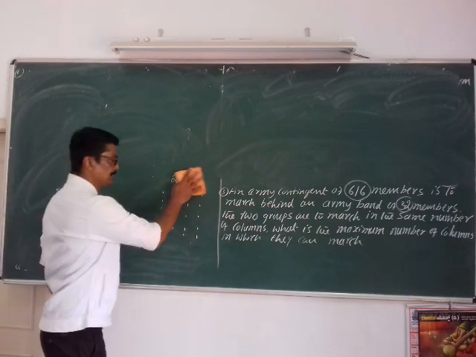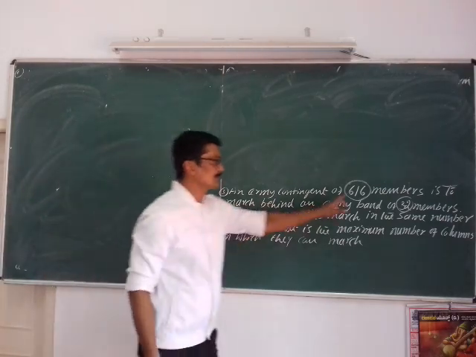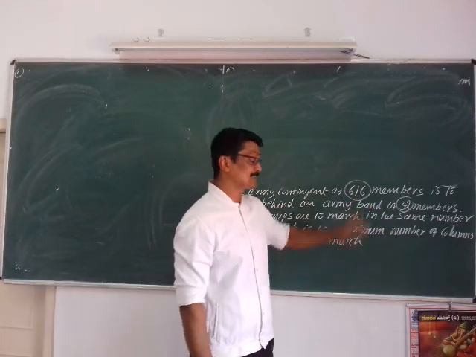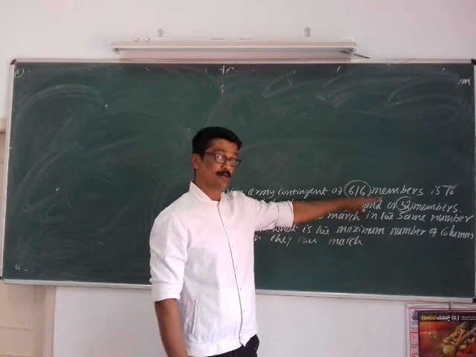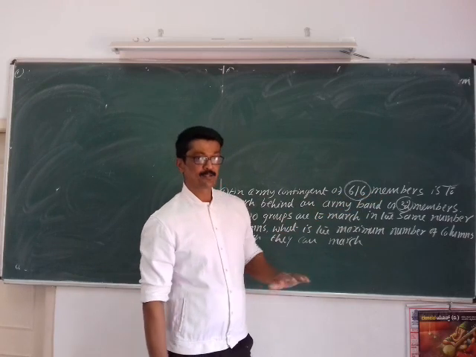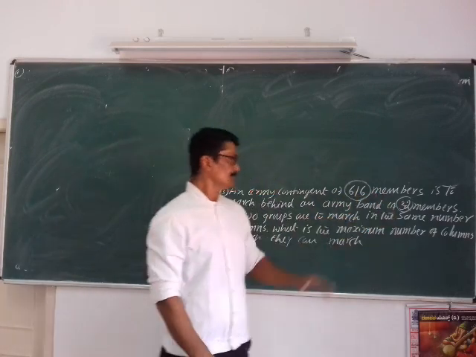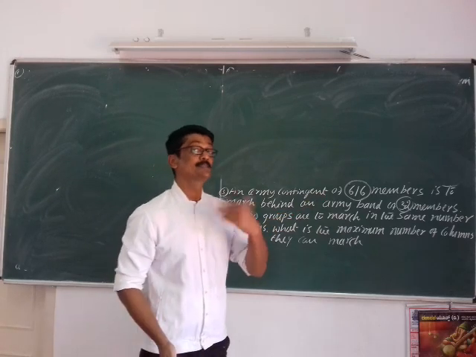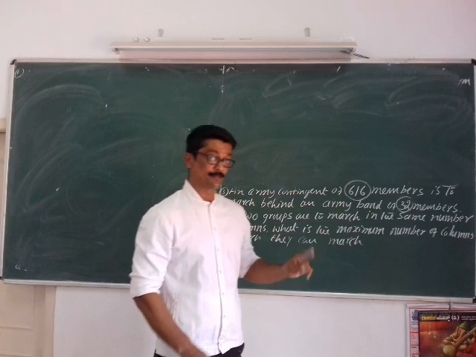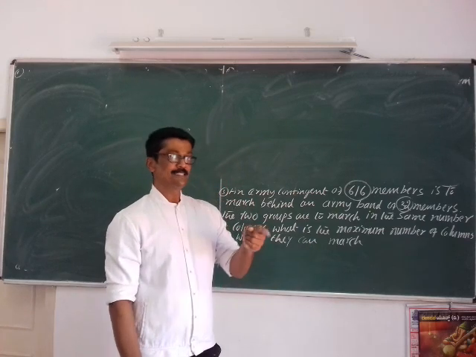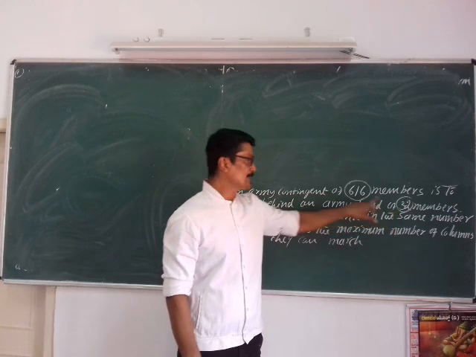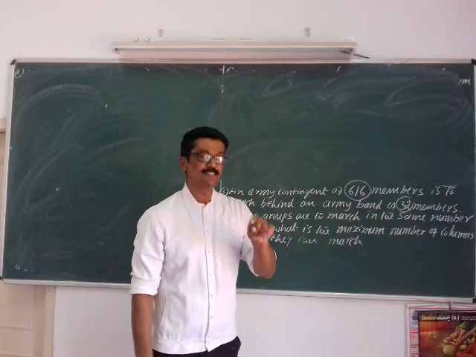The thing is, here 2 numbers are given: 32 members in the band and 616 in the army contingent. So we need to make an equal number of columns, and the maximum number of columns. That means we need to find a number which divides both 32 and 616.